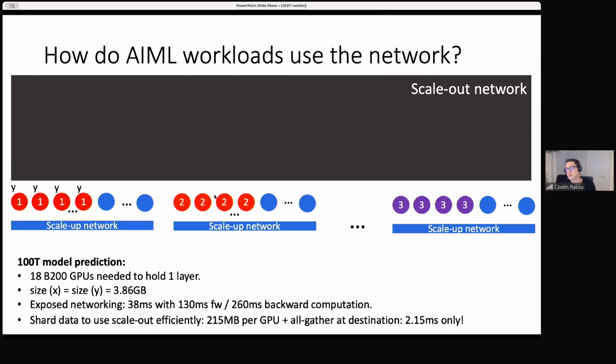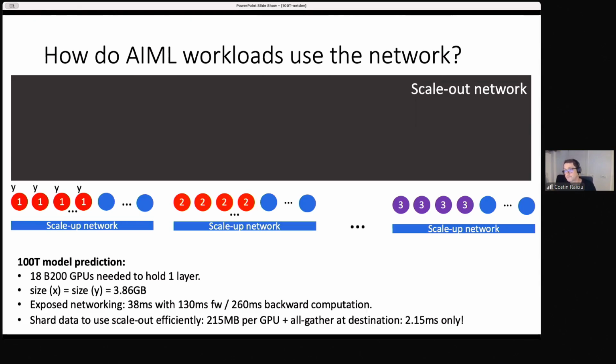And logically, the simplest thing to do is every GPU from the first rack copies the entire Y data to the second rack. And by the way, it's the same Y, right? Everybody has the same output, sort of same input needs to go to their correspondent GPUs in the next rack. Problem is, this is actually quite big. So 4 gigabytes at 800 gig gives you almost 40 milliseconds of exposed networking.